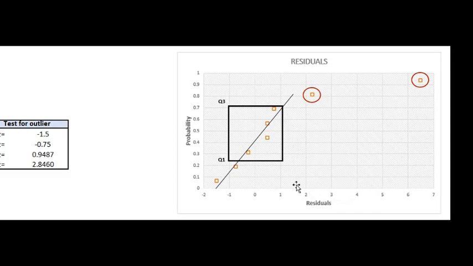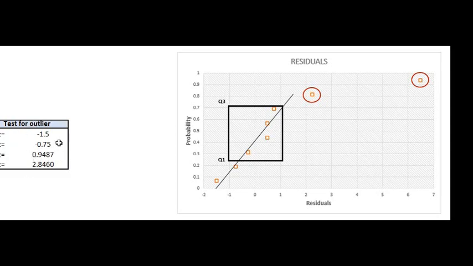So we have to test for outliers of these four numbers to see if it is significant that they are outside of this square. We say that it's an outlier when it is beyond -3 or +3.